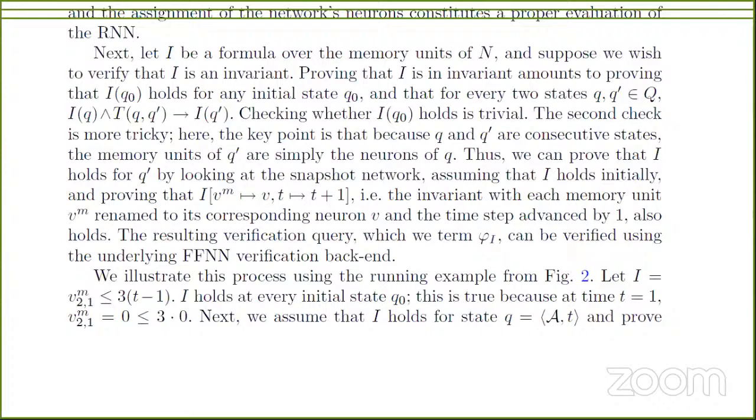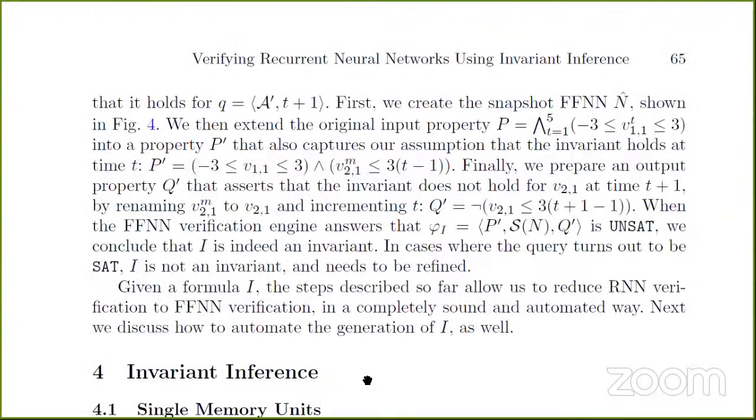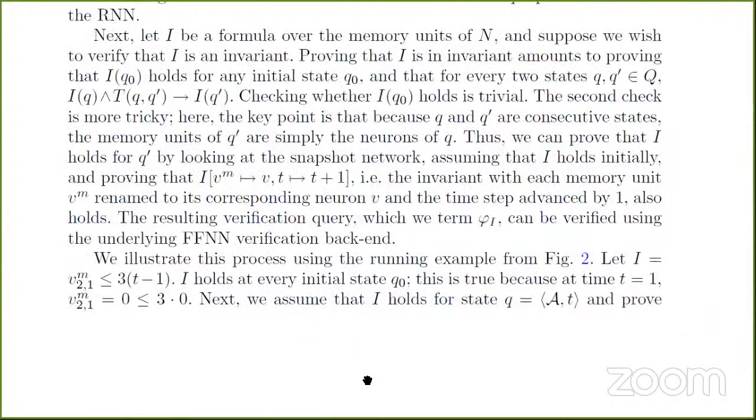Now the idea is to assume that this property holds for a given state, and then to argue that it will hold in the state to which you can go from there. So they say: assume that I holds for this state, and prove that it holds for the next state. A is just the value of all the variables in the network.